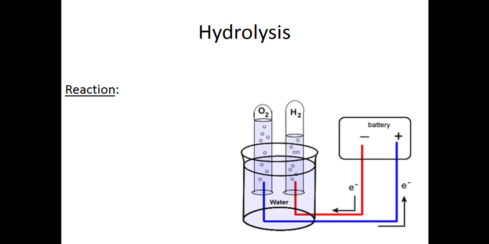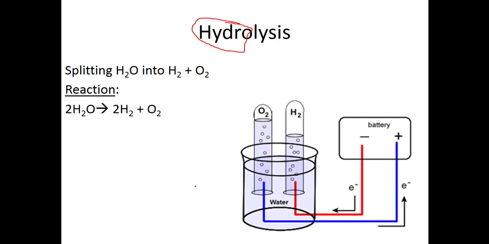The second form is hydrolysis. The prefix here is hydro, so that's really our big focus here. As you can see, what hydrolysis is, is splitting water into hydrogen gas and oxygen gas. By using a battery, I can actually decompose this water into hydrogen and oxygen gas.